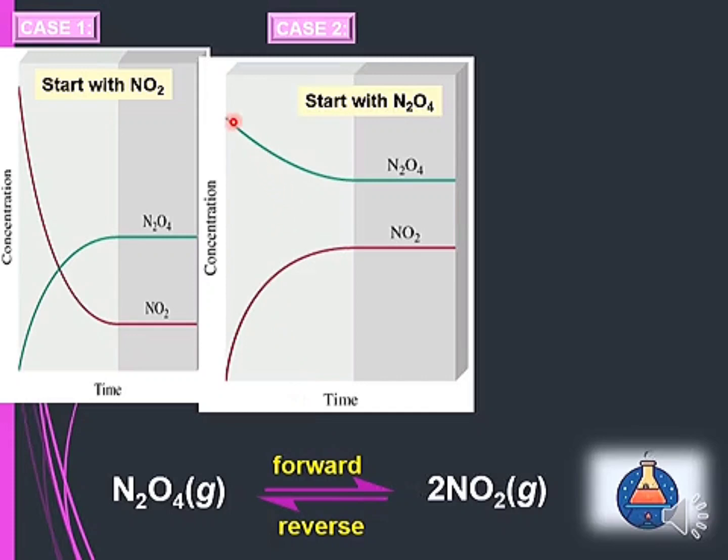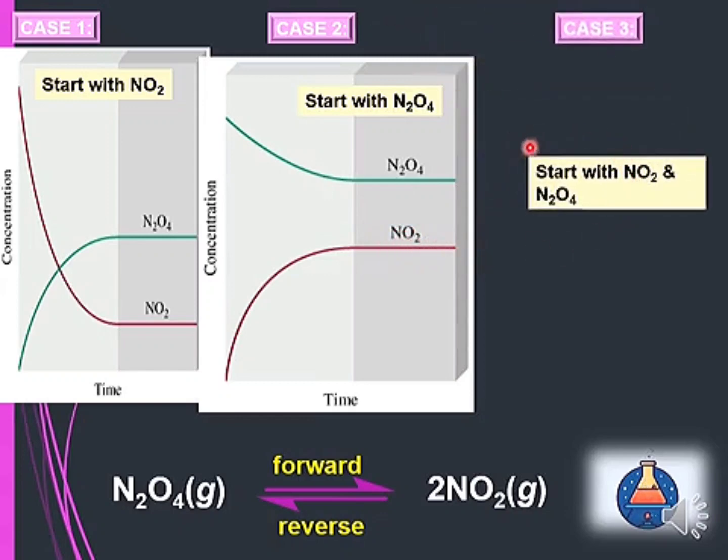Okay, so if you plot the graph concentration against time, so look here. The concentration of N2O4 decrease one time, but the concentration NO2 increase 2 times, double. Alright, but at one time, the concentration for both reactant and product remain unchanged. Okay, means the rate of forward and the rate of reverse reaction equal here.